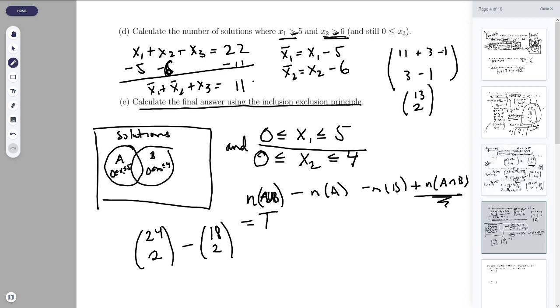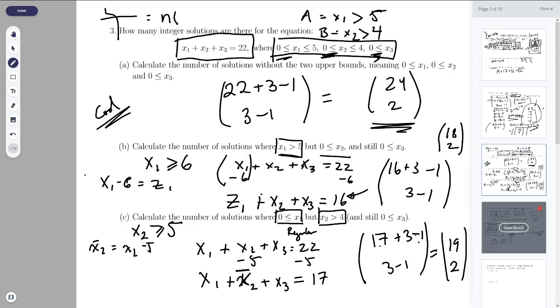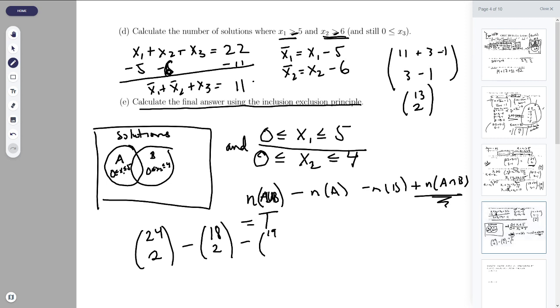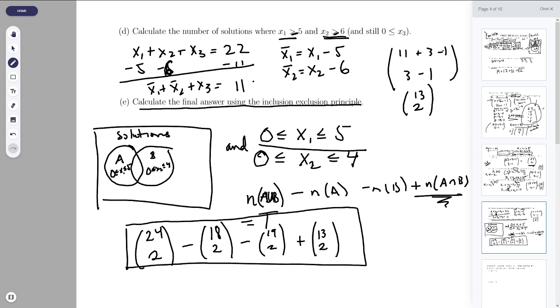And then we'll have to subtract off the number of things in the other set, which, if you remember, was 19, choose 2. That's good, I checked. 19, choose 2. And then we add on the things that are in the last set, which is 13, choose 2. And so this is the number of solutions.